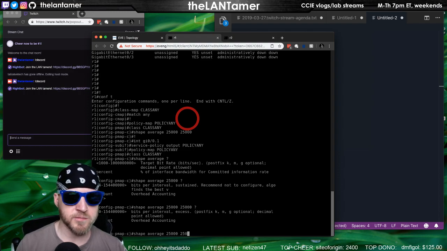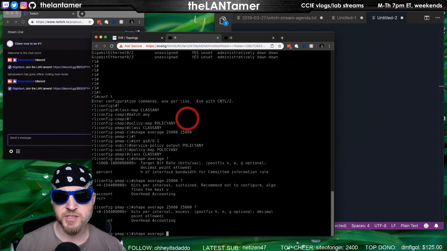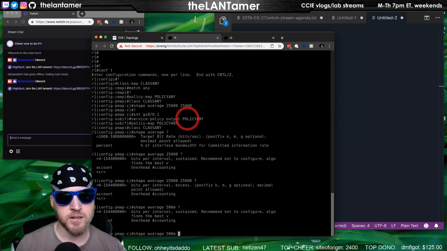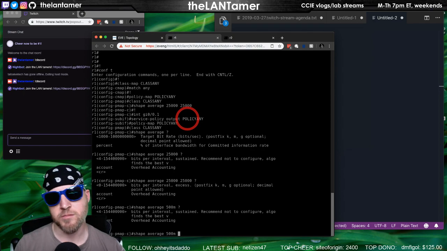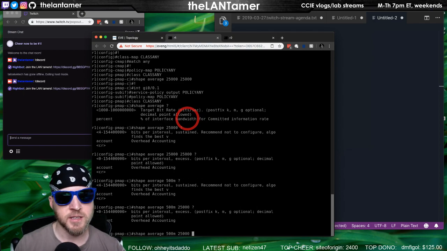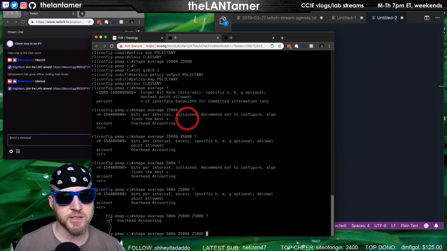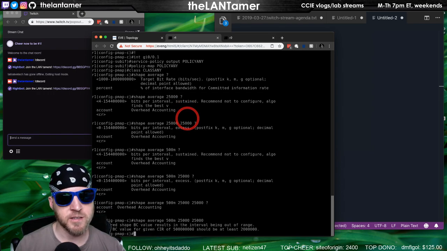So we have to put, okay, this is wrong. Shape average and then the CIR. The CIR is 500 megabits per second. Bits per interval sustained. Interesting that it's recommended not to configure. The algorithm finds the best value, right? But hey, okay, that is a correct command.